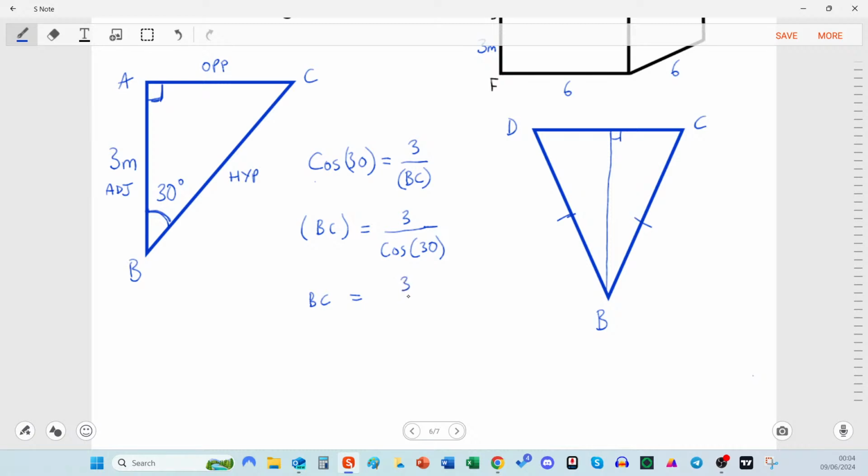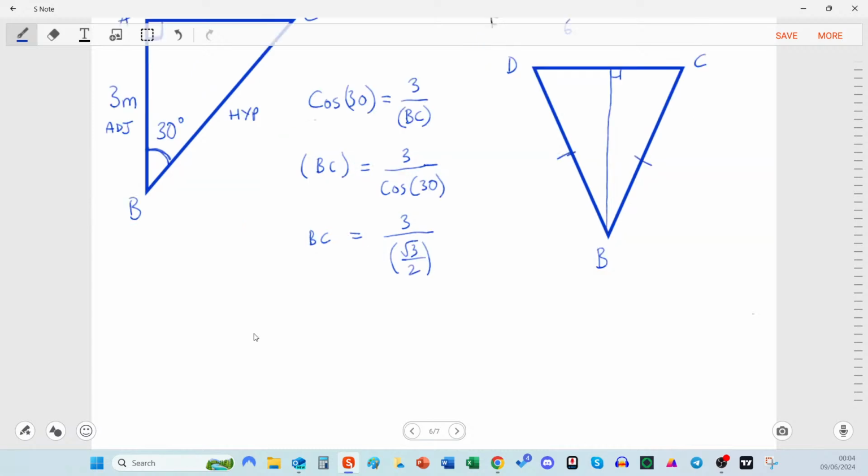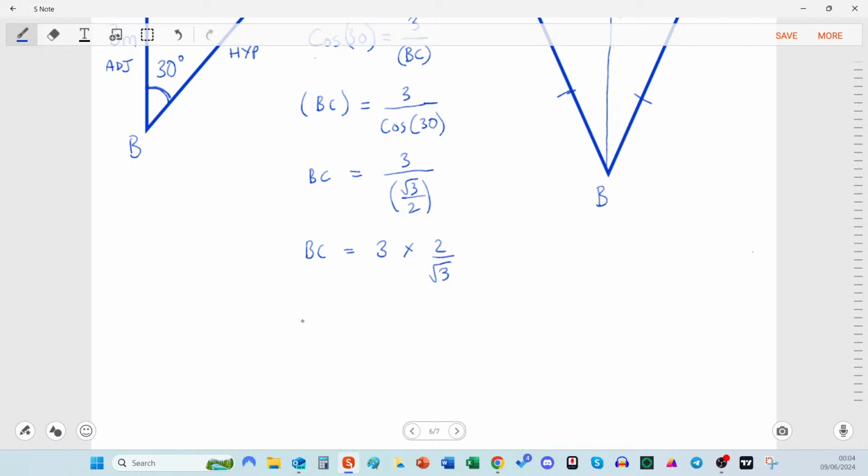So we got 3 over root 3 over 2. And it was really cool to look at this as 3 times its reciprocal. Like this. And then BC is equal to 6 over root 3.